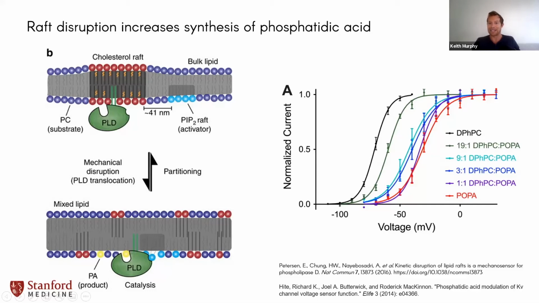That's a huge amount of current shift at different voltages. So it was already known that the presence of phosphatidic acid changed the gating of an ion channel. And if that's the case, then this channel must be mechanosensitive, because we've already shown that you can get phosphatidic acid with mechanical force.